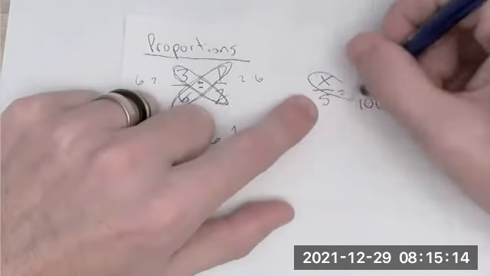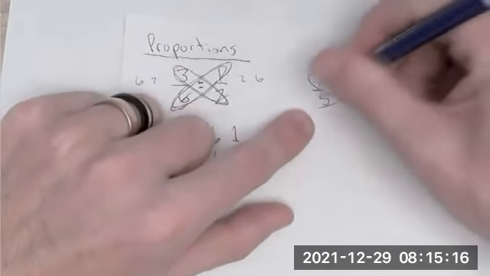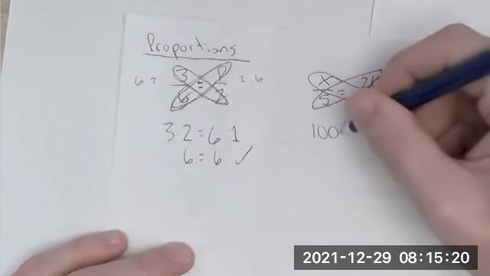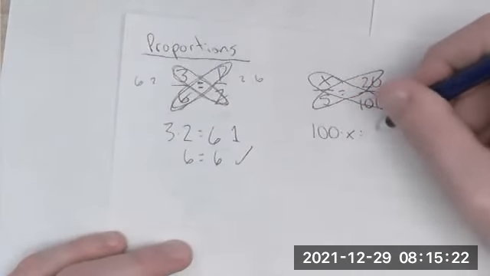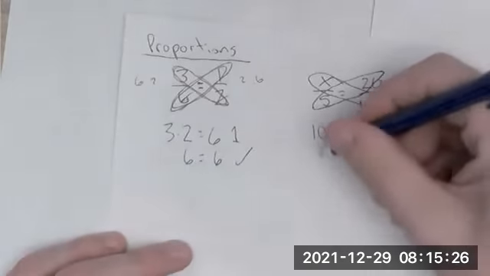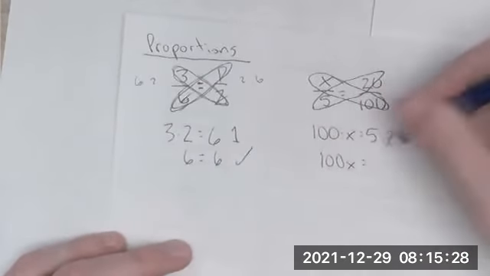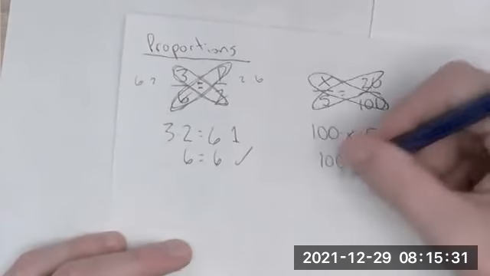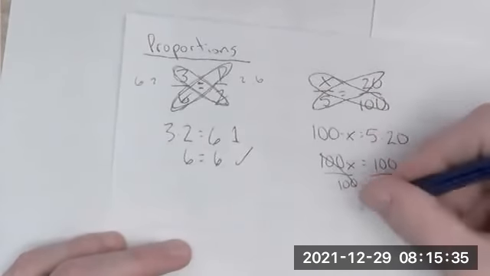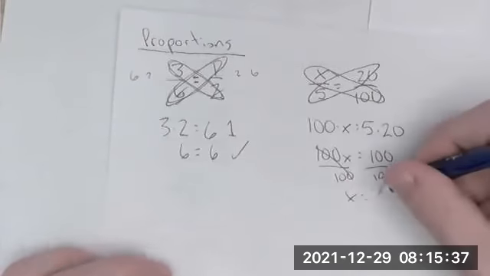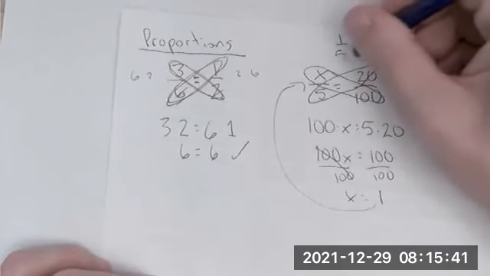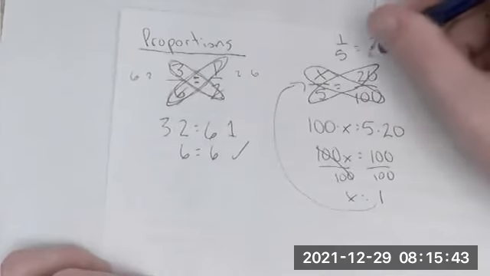Well, here's where we multiply by those opposite corners, the means and the extremes, or the cross multiplier, whatever you want to call it: 100 times x equals 5 times 20. Well, 100x equals 5 times 20, which is 100. And I deliberately picked this so that when I divide by my 100, it's multiply and divide, x equals 1. And what that means is 1/5 is the same as your 20 over 100.